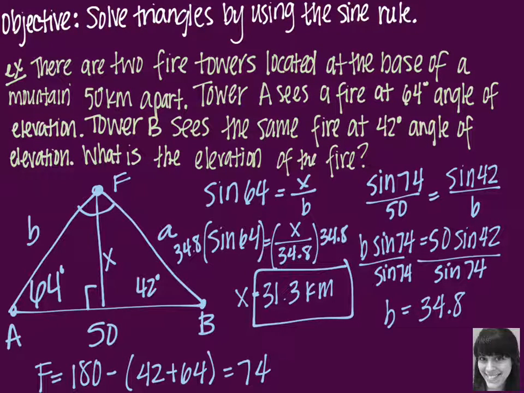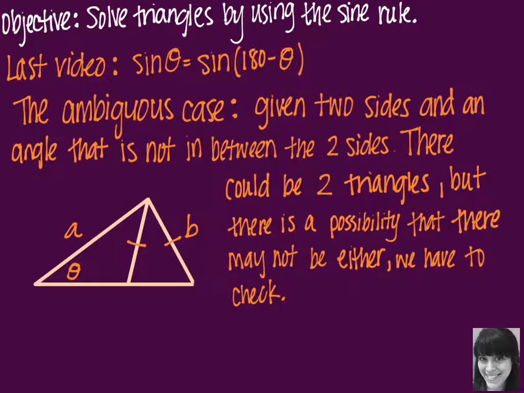Okay, so let's go on to ambiguous cases. Remember that in our last video we said that sine of theta is the same thing as sine of the obtuse angle of theta, which is 180 minus theta.